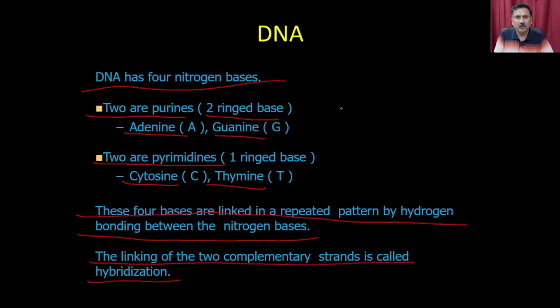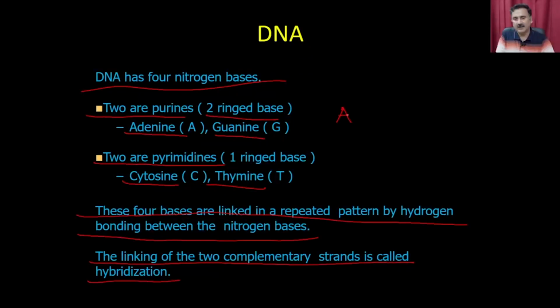And I'm sure you all know that there is a strict base pairing between the purines and pyrimidines, and that's why A is always making a pair with T with the help of the 2 hydrogen bonds, whereas G is making a pair with C with the 3 hydrogen bonds.